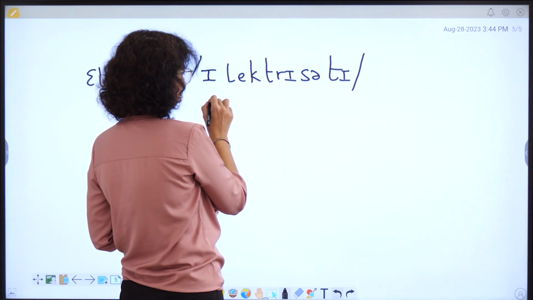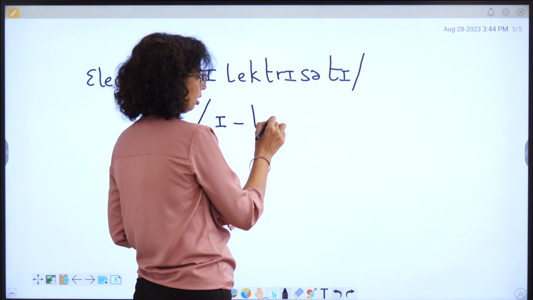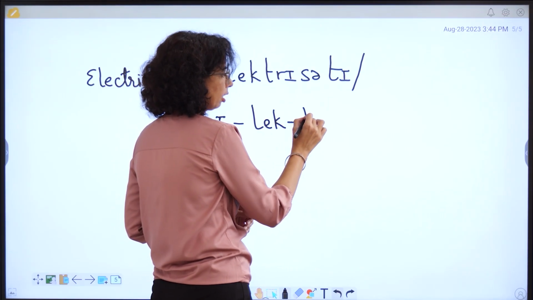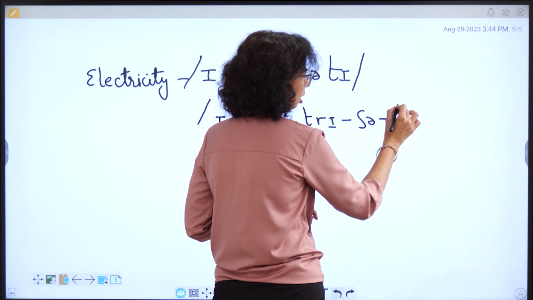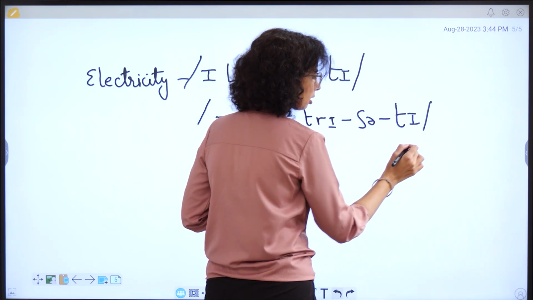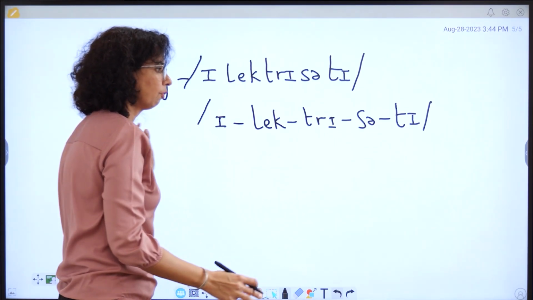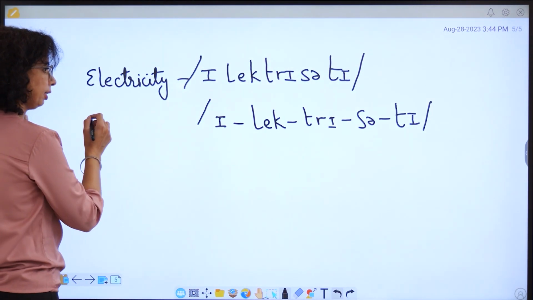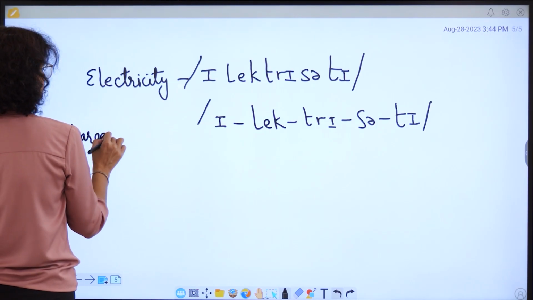And phonetically, how are we going to make the syllabic division? So this is electricity. And for the hexasyllabic, next take one example, that is characterization.